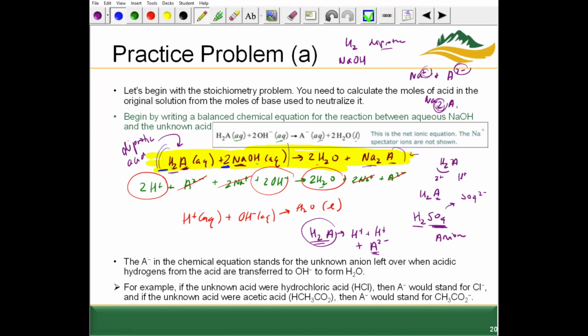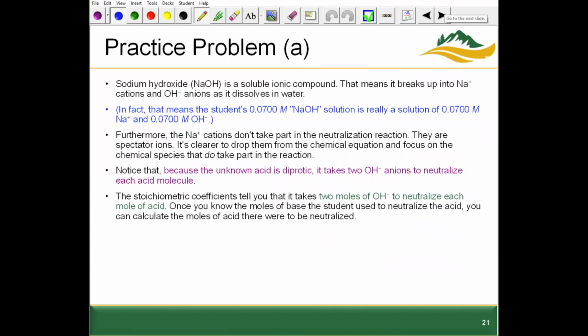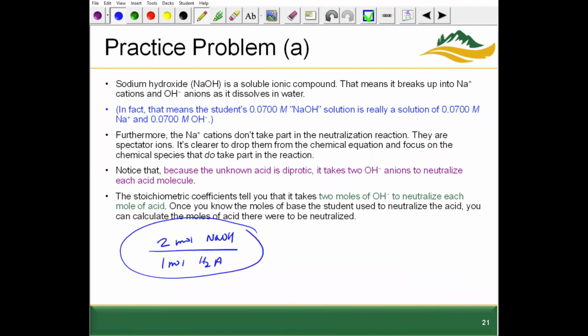For every 2 moles of sodium hydroxide base, we have 1 mole of our unknown diprotic acid. This is the key mole-to-mole ratio we need for this titration problem.